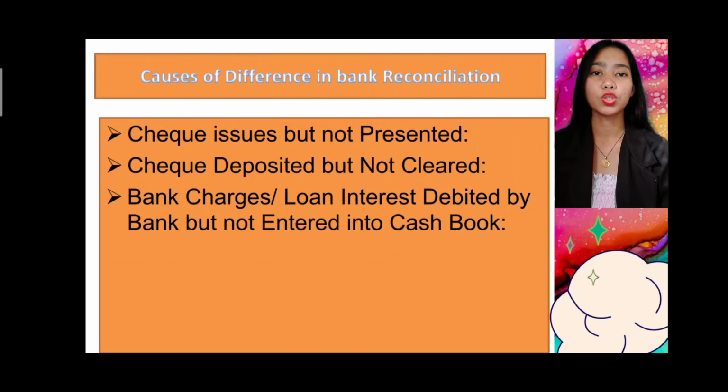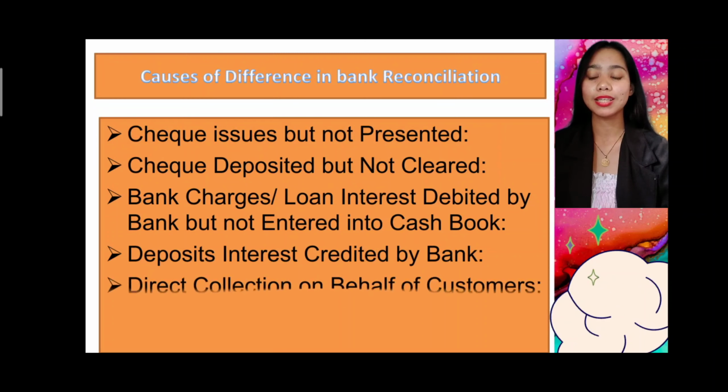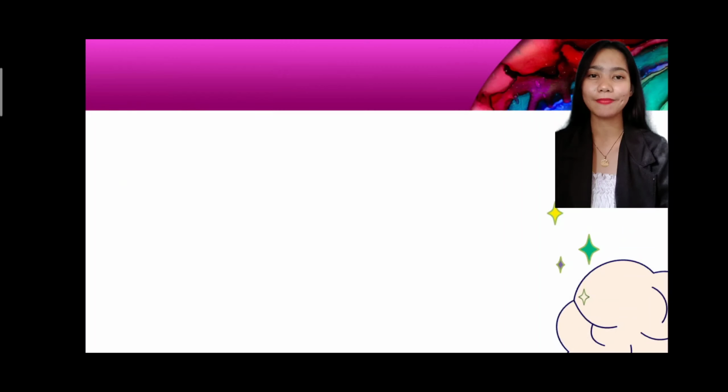This should also be deducted from the books of account bank balance. The fourth is deposit interest credited by the bank. This should be added into the books of account bank balance. And the last one is direct collection on behalf of customers. This should also be added into the books of account bank balance.